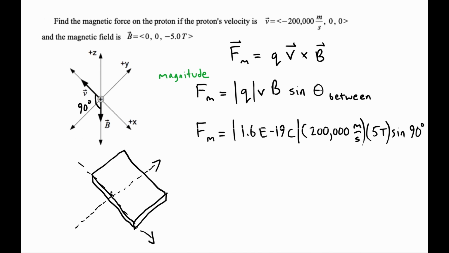Okay. So this direction here is negative z, so negative k hat. And this direction here is negative i hat, or negative x.